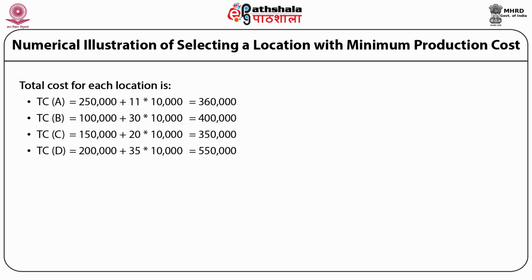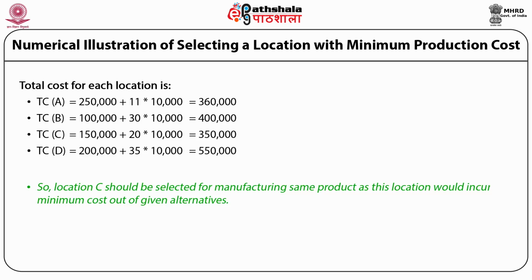Total cost for B is 4 lakhs, total cost for C is 3,50,000, and the same formula gives total cost for D as 5,50,000. From the calculations, it can easily be interpreted that location C should be selected for manufacturing the same product, as this location would incur minimum cost out of given alternatives.